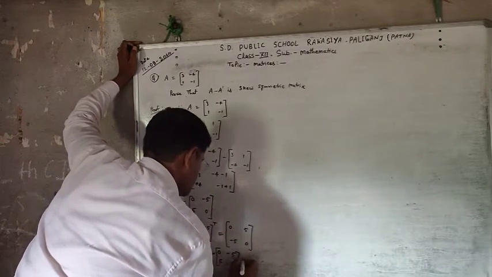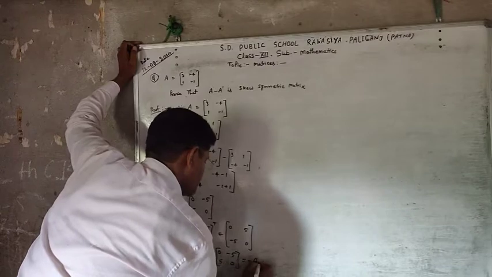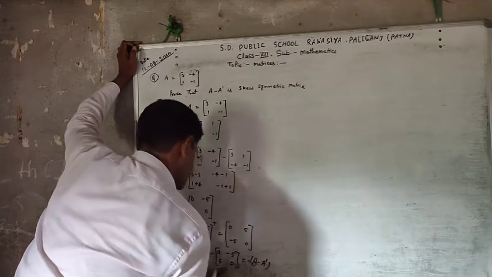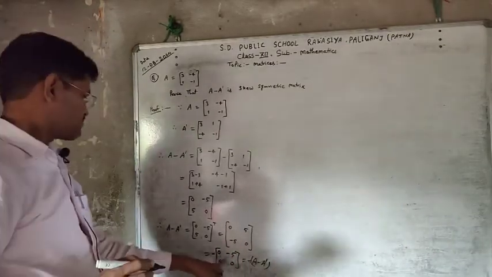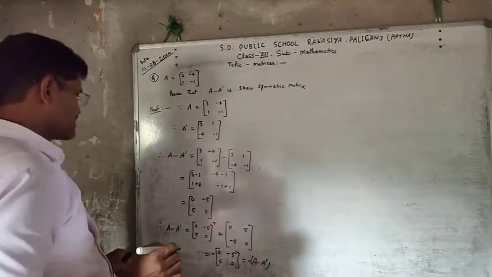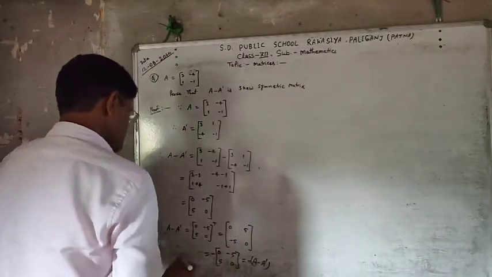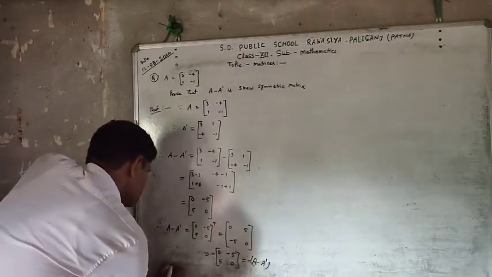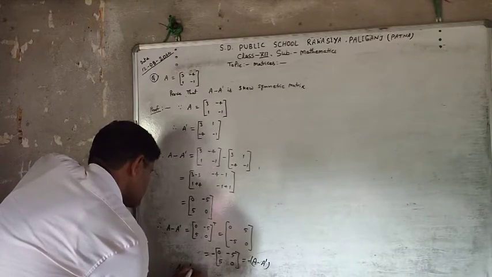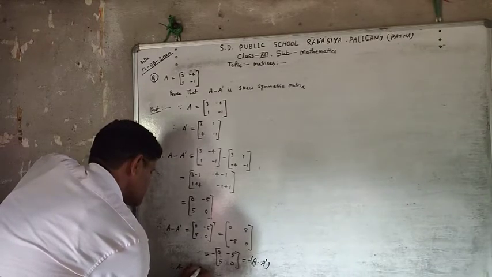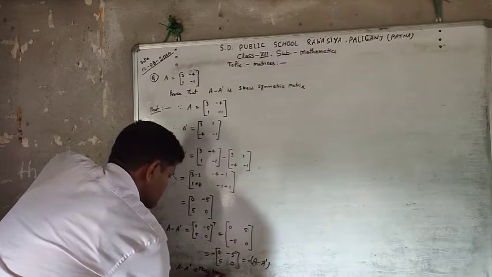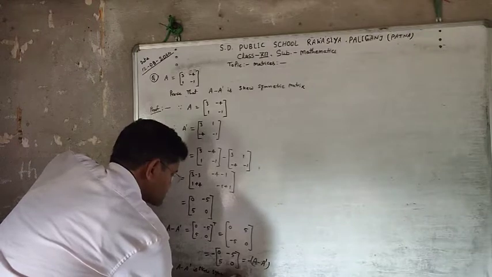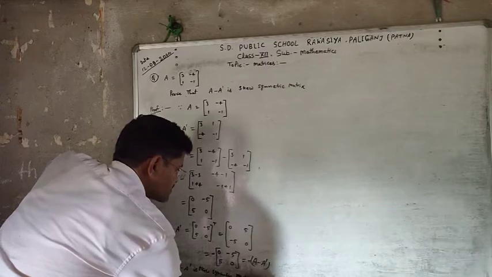It is minus of A minus A transpose. Hence, we can say that the transpose of A minus A transpose is equal to minus of A minus A transpose, and hence A minus A transpose is a skew symmetric matrix. It is proved.